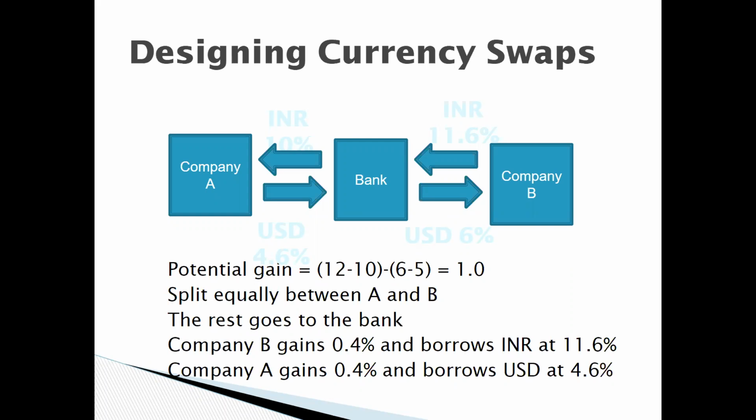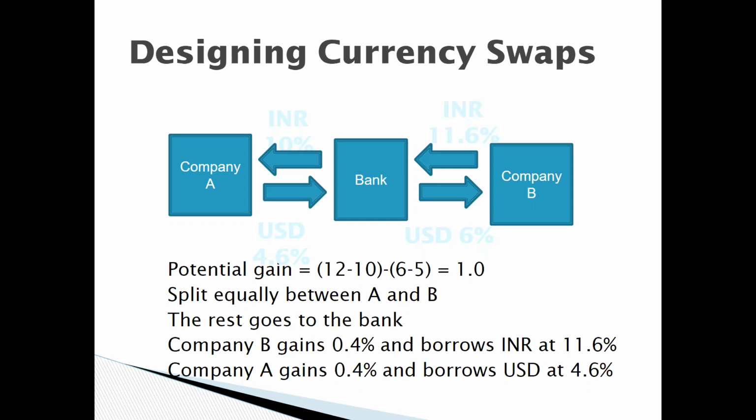So company A is basically going to lower its rate from 5 to 5 minus 0.4, 4.6. Company B will lower its rate from 12% to 11.6.